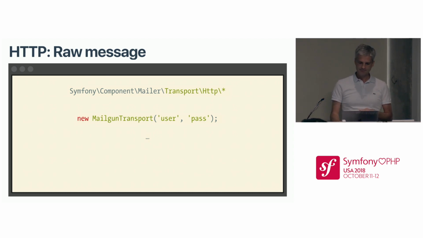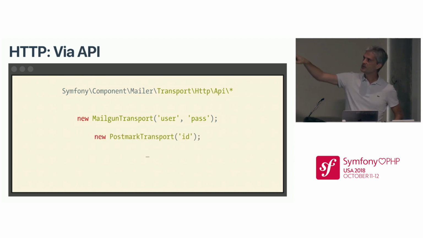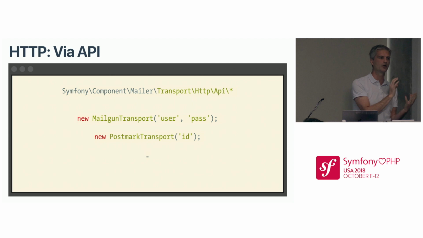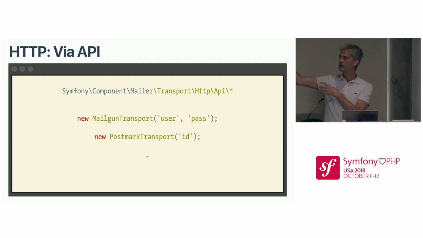And then we have HTTP API, where we are using the API of the provider, and the provider is responsible for converting your message to a MIME message, which means that now the message can be different if you are using an SMTP server on your local machine and using these kinds of things in production.